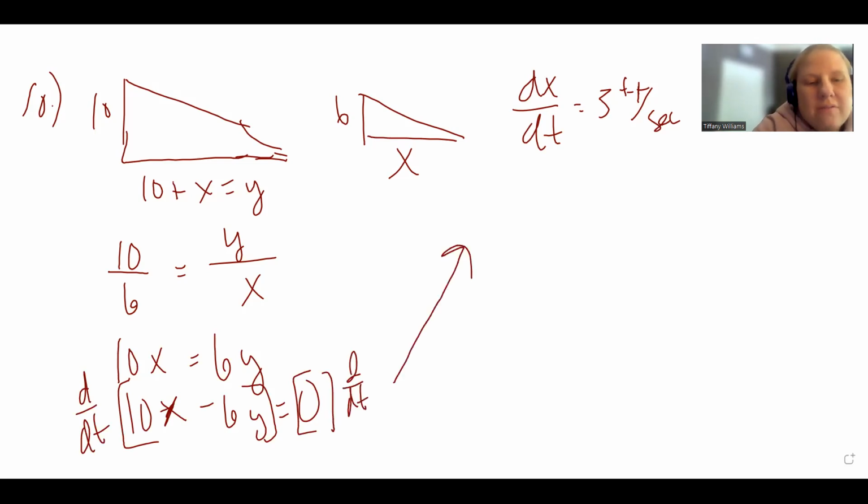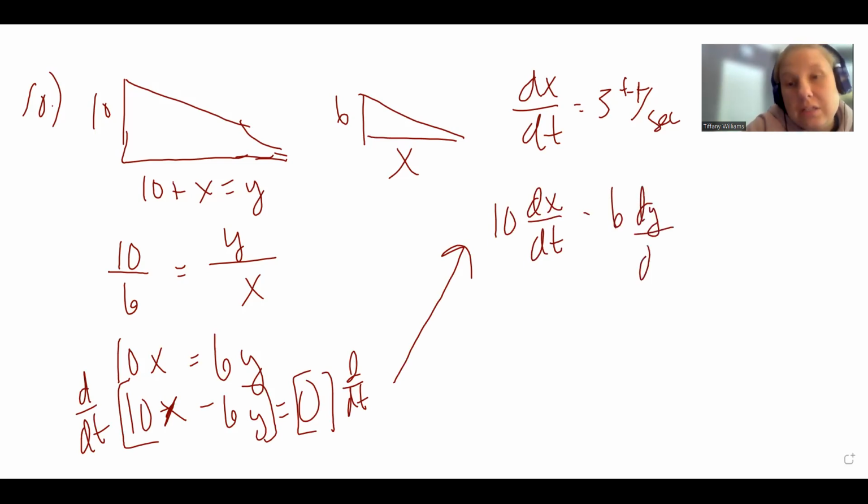What that's going to give me is 10 dx/dt minus 6 dy/dt, because it's with respect to time, equals 0. That's one of the reasons I moved everything over.